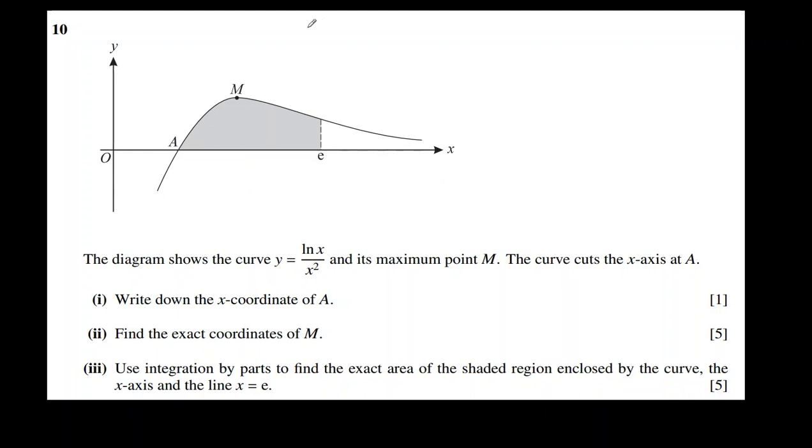For the x-intercept, we substitute y equal to 0, and we get our x-intercept. So y equal to ln x over x squared. This is the equation of the curve. We make y equal to 0. x squared goes, multiplied with 0, and vanishes.